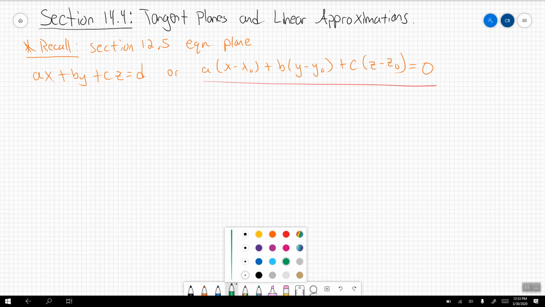Now, the reason I want to work with this is because in this form, I want to divide both sides of this equation by c. All right, so here's a c, and I'm going to divide both of those sides by c. So let's go through this.